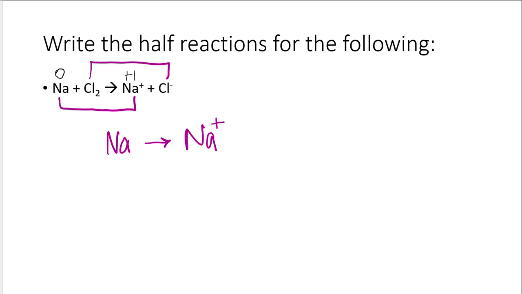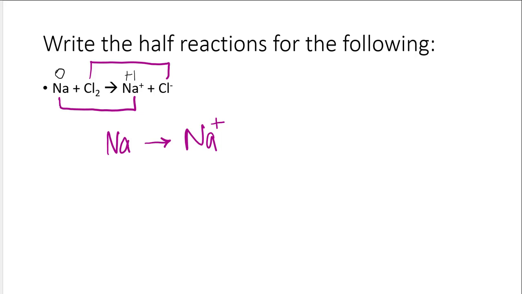Now this is the beginning of a half reaction, but what I notice is that it is not balanced based on charge alone. I have a positive one on the right side and a neutral on the left. So we just need to recognize that it's not a balanced equation.